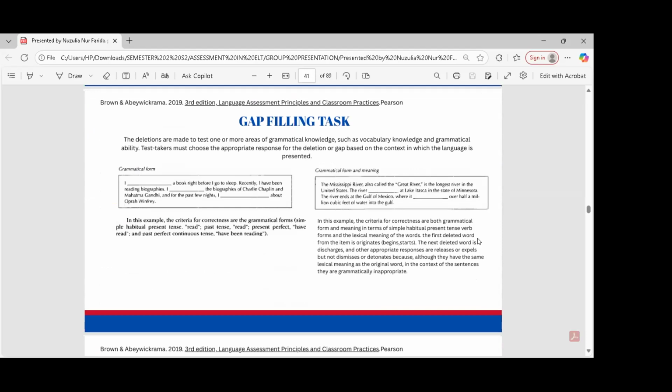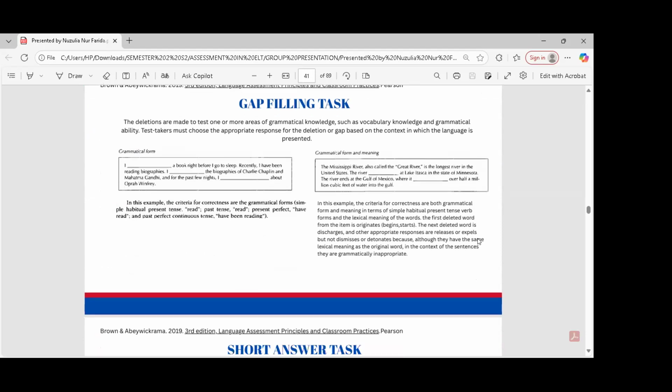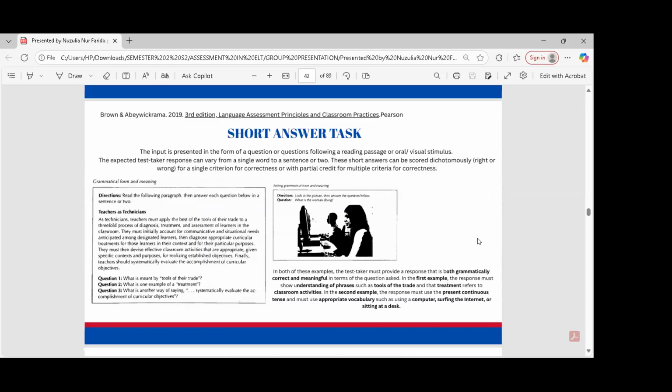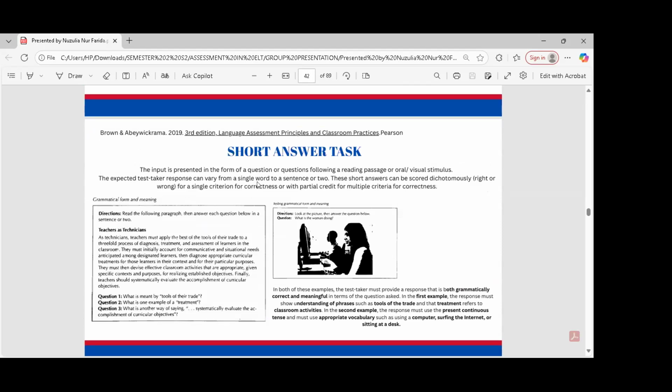Yeah, and then the next is the short answer task. For the short answer task, the input is presented in the form of questions following a reading passage, and the expected test taker response varies from a single word to a sentence or two.